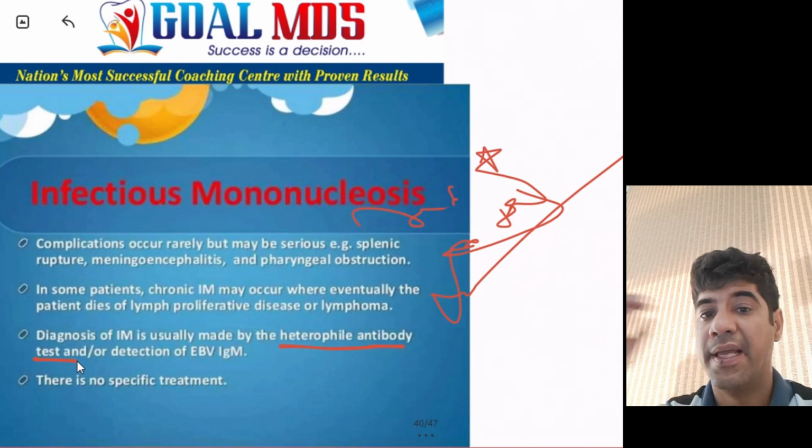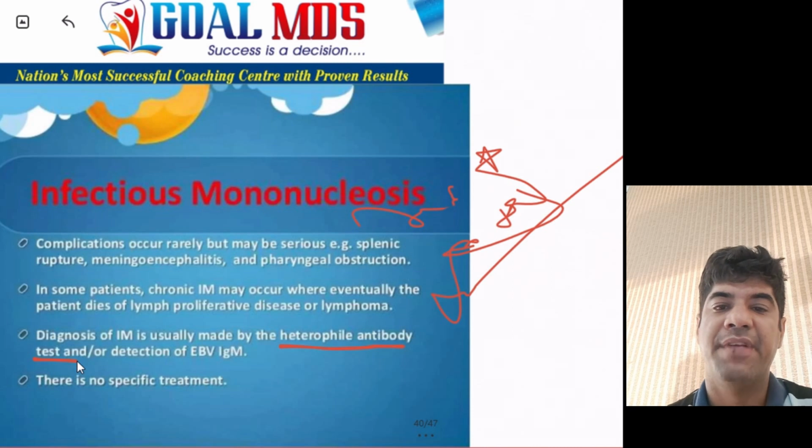The heterophile antibodies are just the IgM antibodies that cross-react with sheep and horse erythrocytes. So they are used for the detection of Epstein-Barr virus.